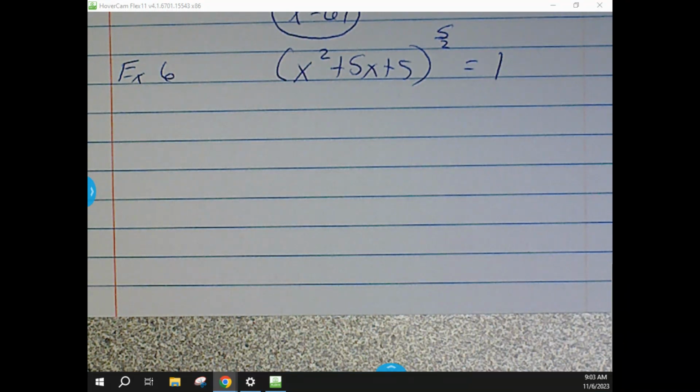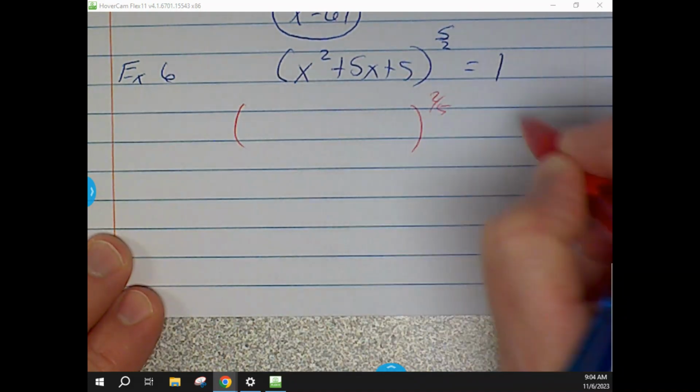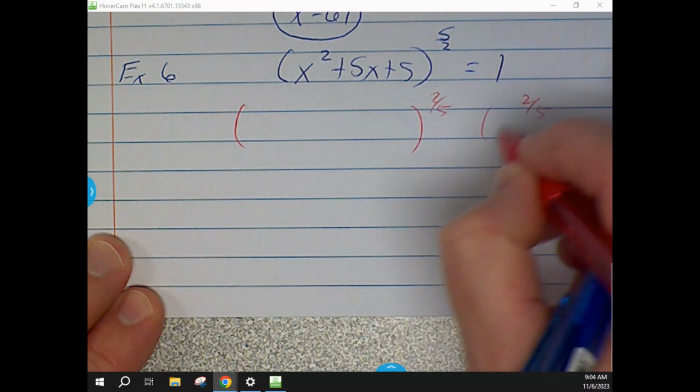Okay, so we've got x squared plus 5x plus 5 to the 5/2 power equals 1. Okay, first step, still the same thing. We've got the 5/2 power, so we're going to raise this thing to the 2/5 power.